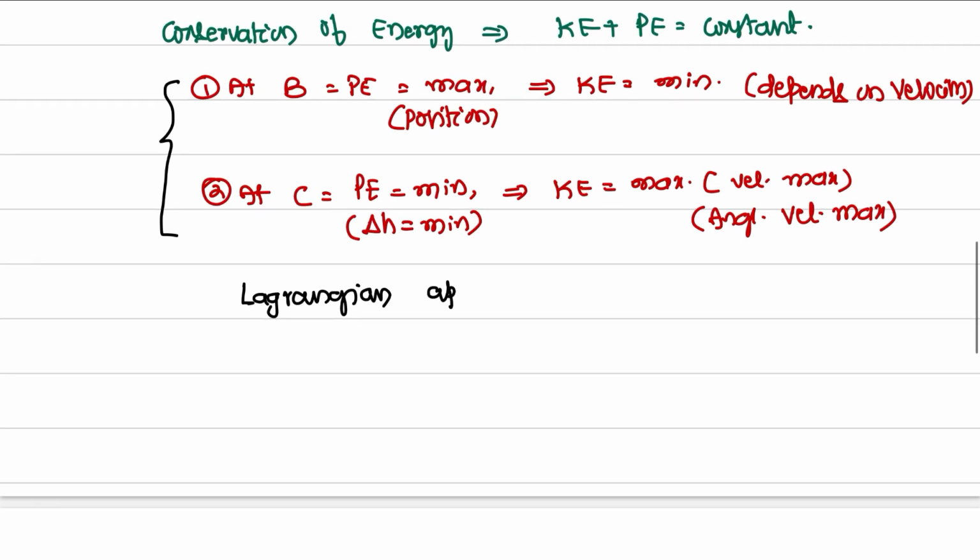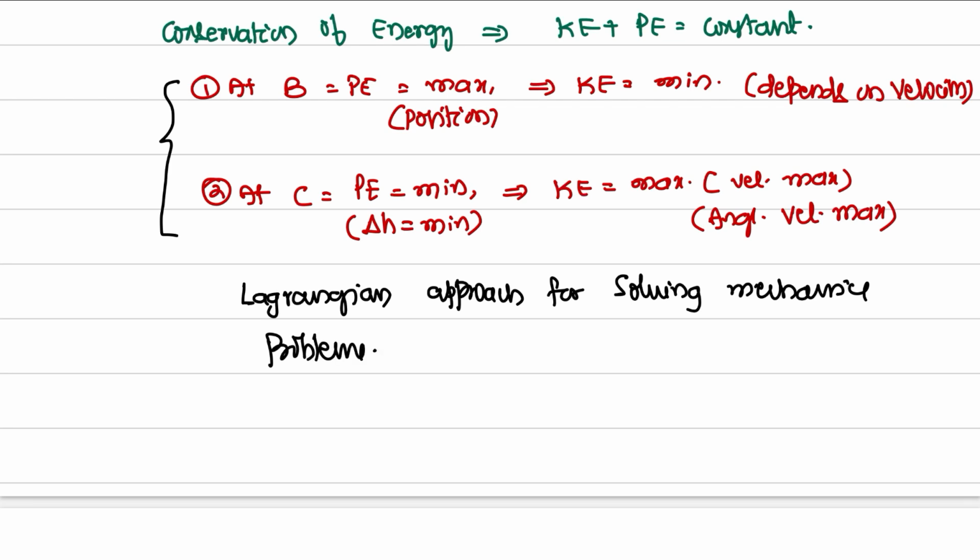Lagrangian approach for solving mechanics problems. Critical problems in rigid body motion, three rigid bodies are there. There is a pendulum, a compound pendulum. There are two pendulums hung from a rod like this.